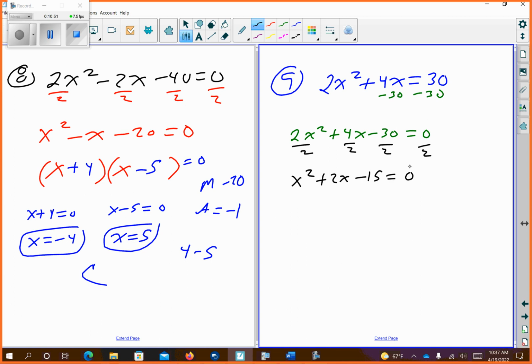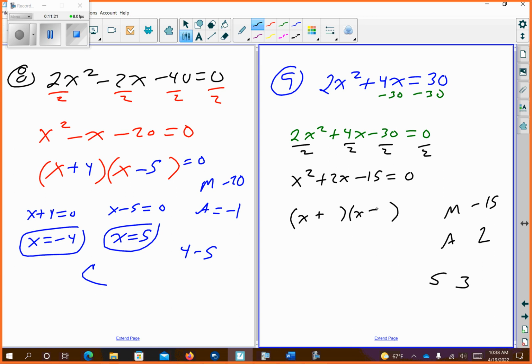Can I do my faster way of factoring? Yeah, my a value is 1, so now I have x and I have x. So I want to figure out what two numbers multiply to give me negative 15, add to give me 2. What two factors of 15 are 2 apart? 5 and 3. I agree, 5 and 3. So one has to be positive, one has to be negative.